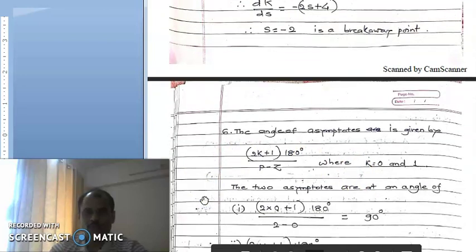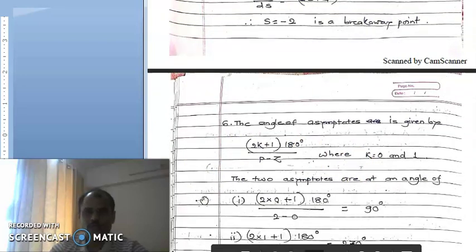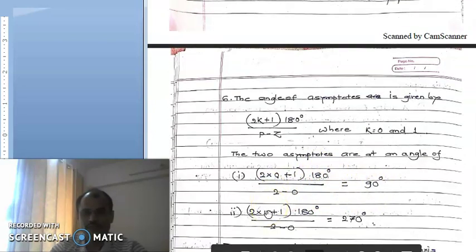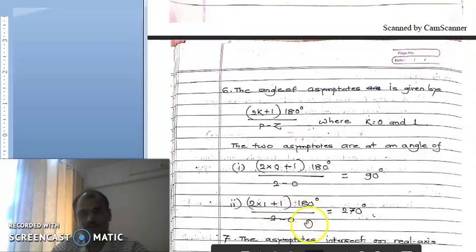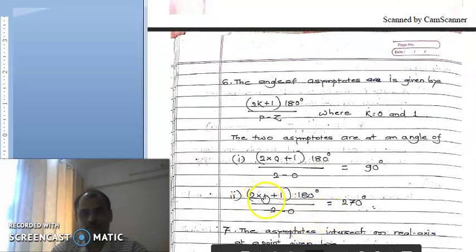For the two asymptotes, the first angle, by substituting k equals 0, after solving, is 90 degrees, and for the other option k equals 1, the other angle we get is 270 degrees.